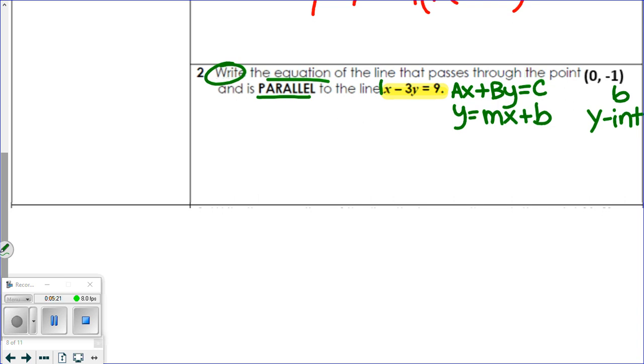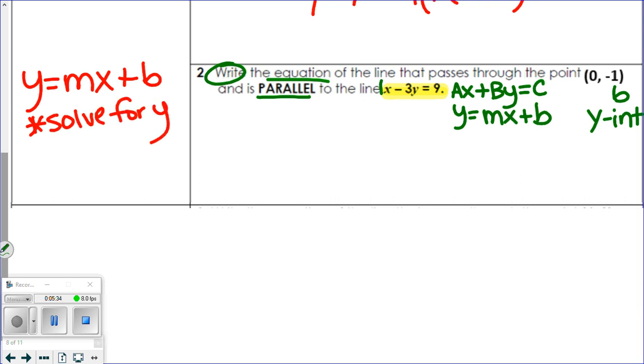So we are going to, in this question, in order to convert it to slope-intercept form, that means solve for y. So what I need to do first is to get that -3y alone. So I want to subtract this 1x, or x, from both sides, so that this -3y is by itself. So subtract 1x, subtract 1x.